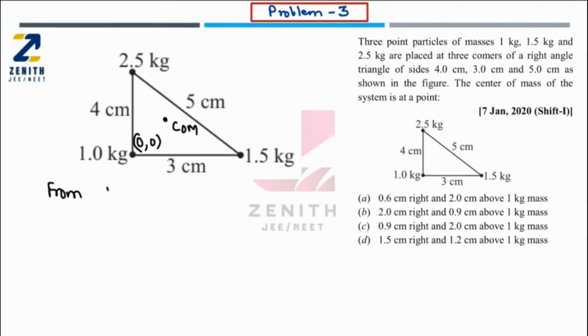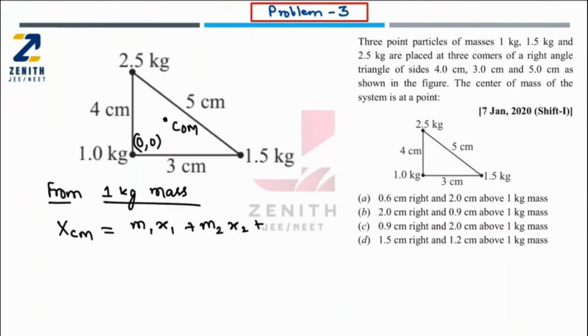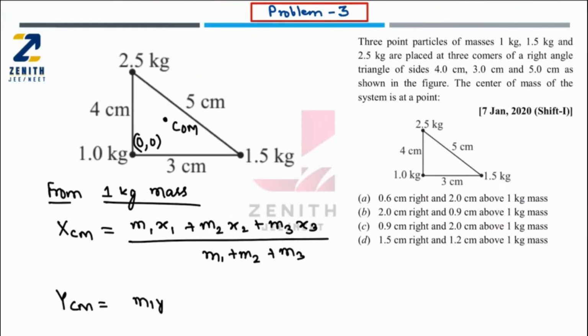So from the 1 kg mass, the x center of mass, can I say, m1 x1 plus m2 x2 plus m3 x3, so you will get the x center of mass coordinate, divided by m1 plus m2 plus m3. Similarly, y center of mass is m1 y1 plus m2 y2 plus m3 y3 divided by m1 plus m2 plus m3.